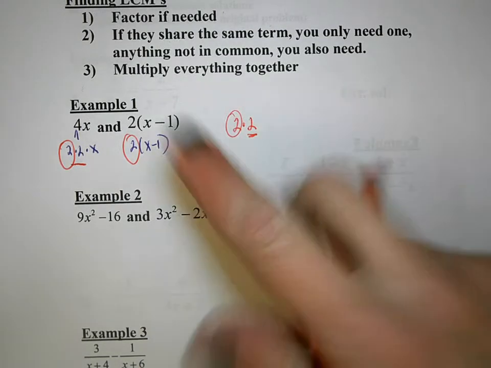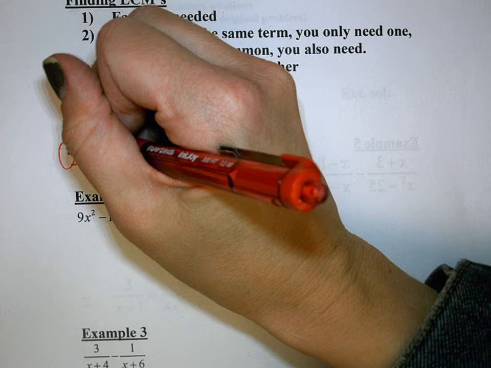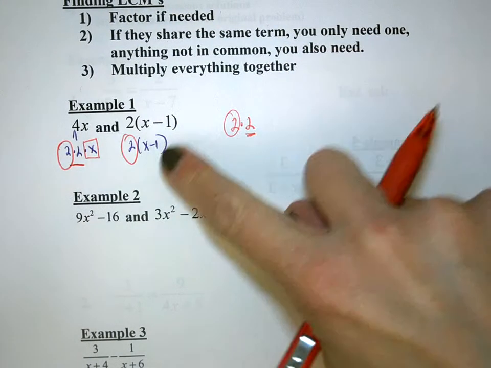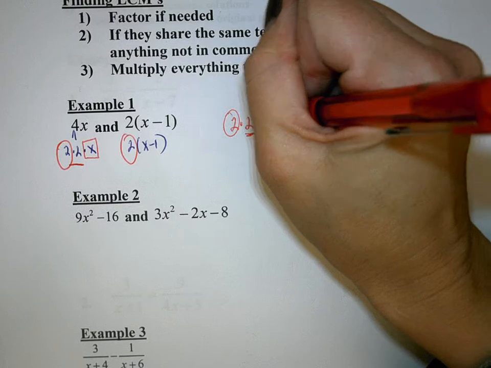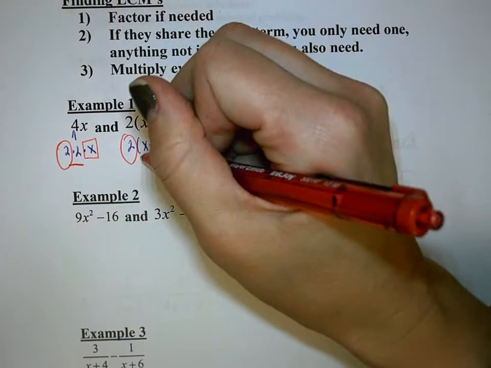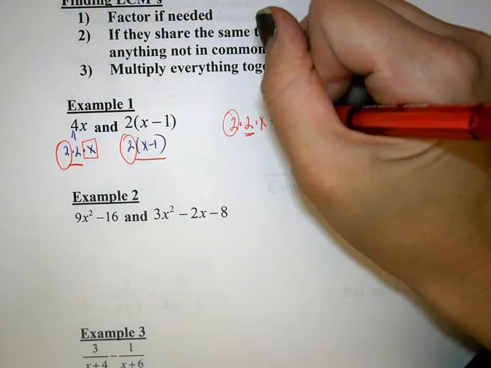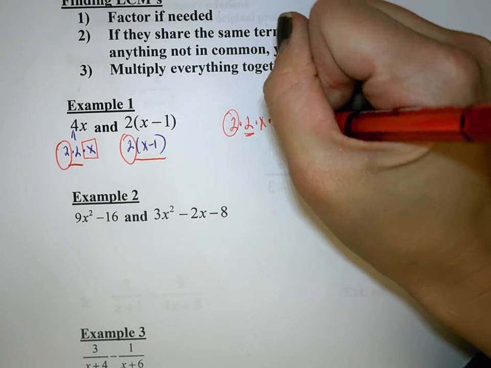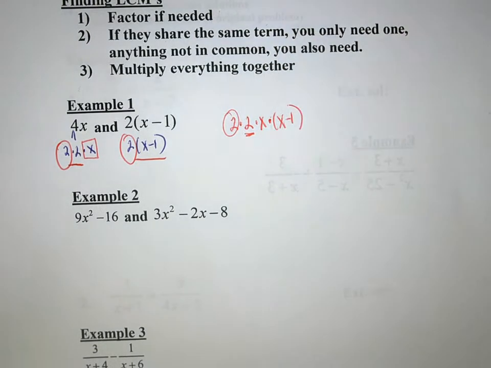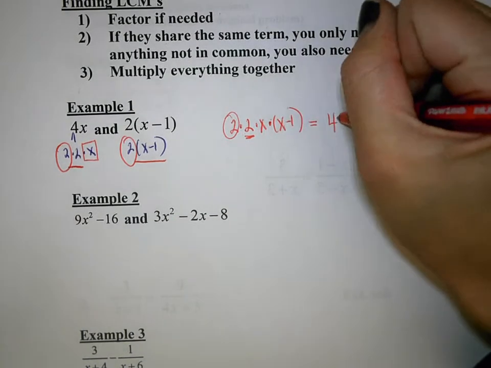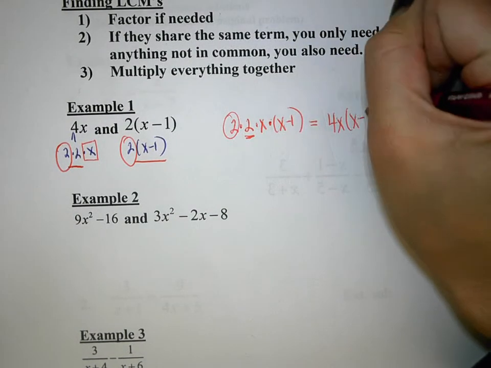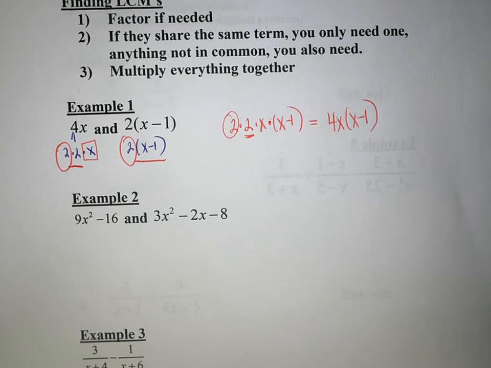Okay? Then, is x the same as x minus 1? No. So we have to write the x, and then we also need to write the x minus 1. So we multiply all of that together, and we end up getting 4x times x minus 1, so that would be my least common multiple, or my least common denominator.